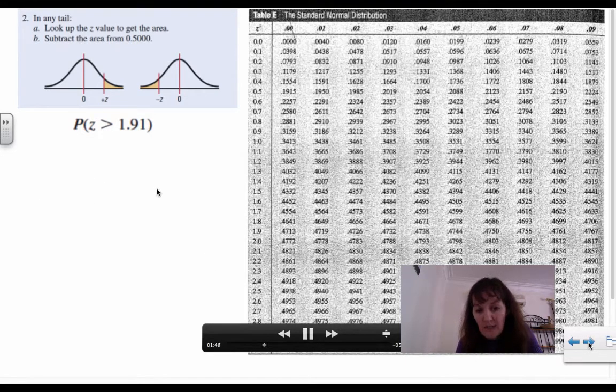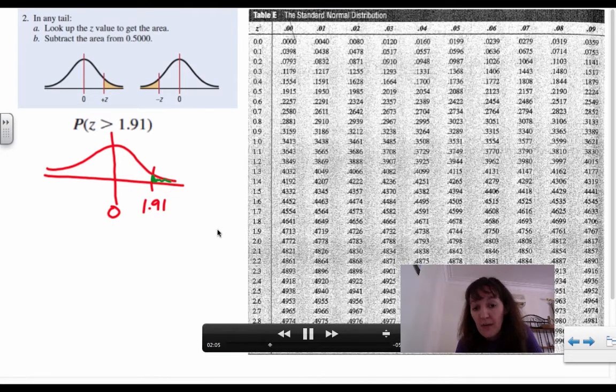So I'll draw my picture, and it will show that I'm looking for a tail. In our tail here, it's 0, 1.91, and I color in the tail. Then I look it up on the chart, and 1.91 is going to give me 0.4719. What this is giving me is the area in here, but that's not what I want.